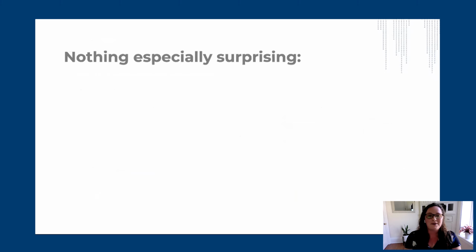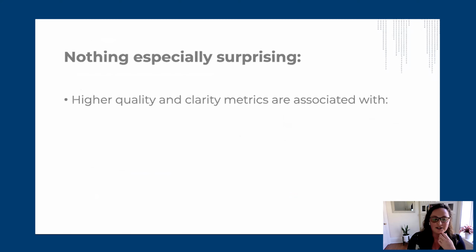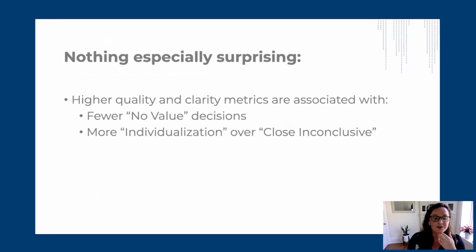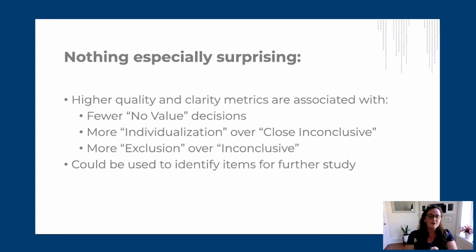And so really what I want to stress here is that there's nothing especially surprising about these results. Higher quality and clarity metrics are associated with fewer no value decisions, more individualization over close inconclusive, and more exclusion over inconclusive. And so these results could be used to identify items for further study.